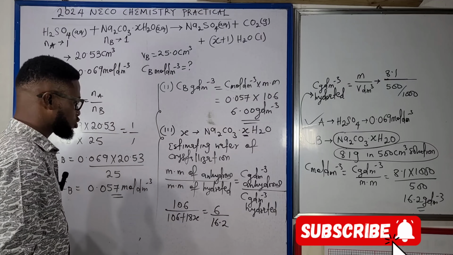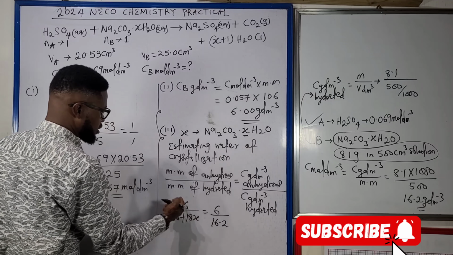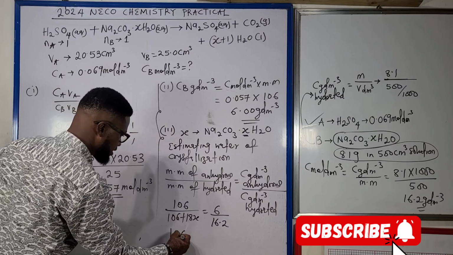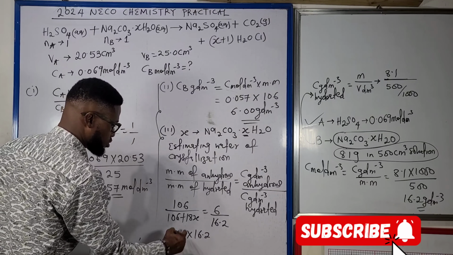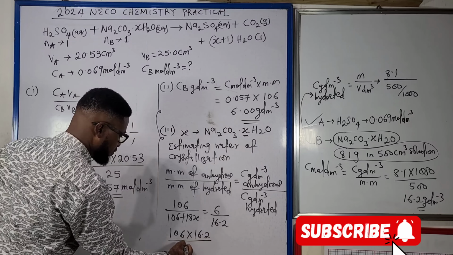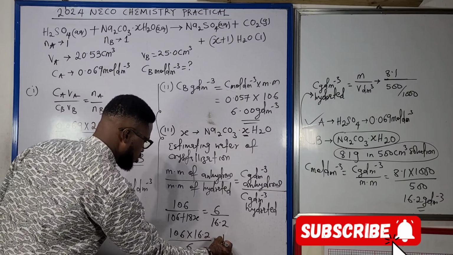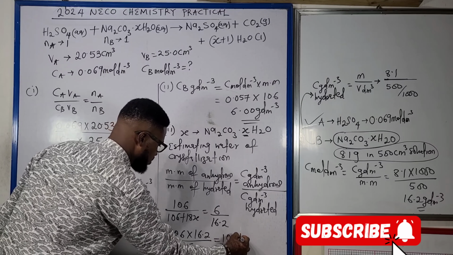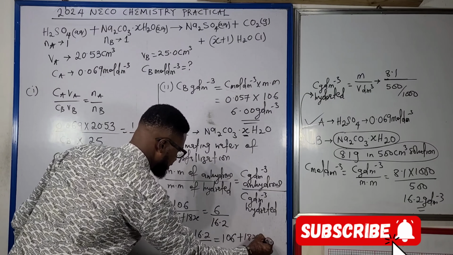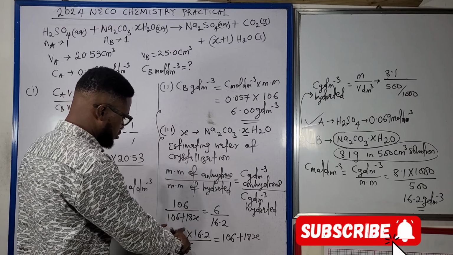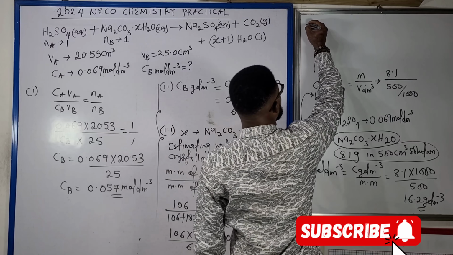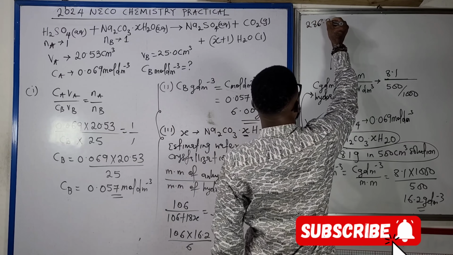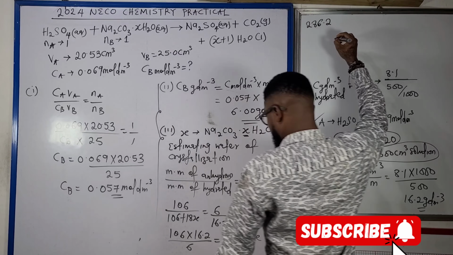To solve this, when we cross multiply, this will come here and becomes 106 times 16.2, and this will move here, divided by 6, equals 106 plus 18x. When we compute on our calculator, this gives us 286.2.